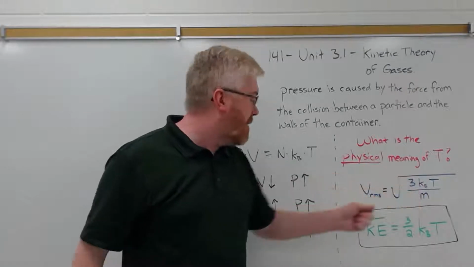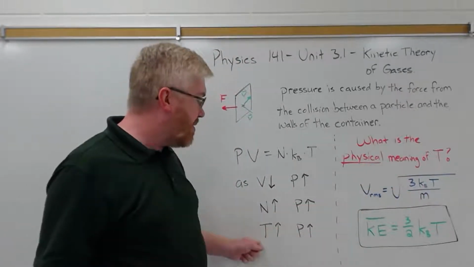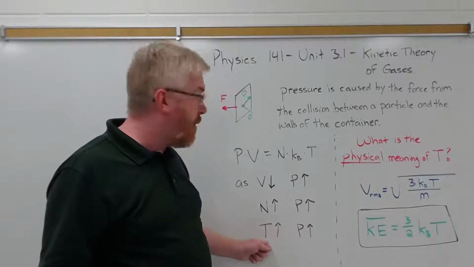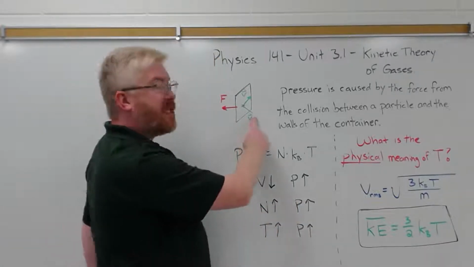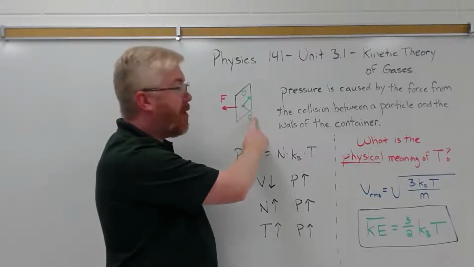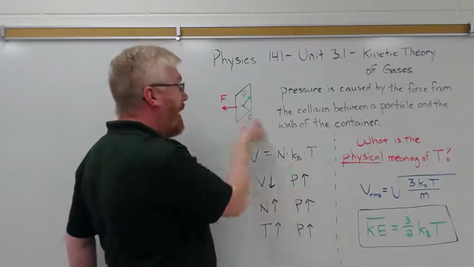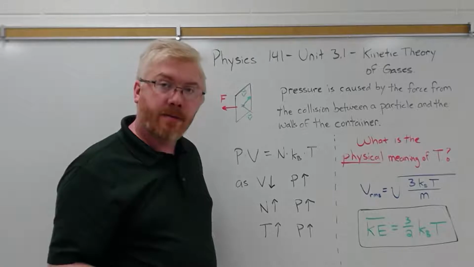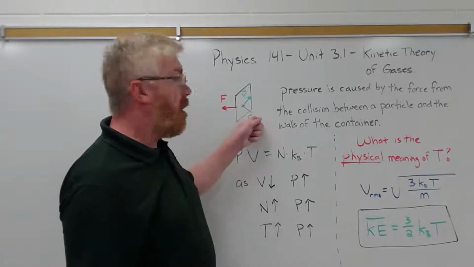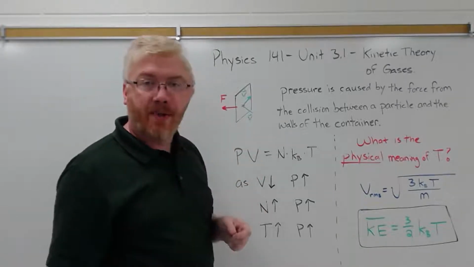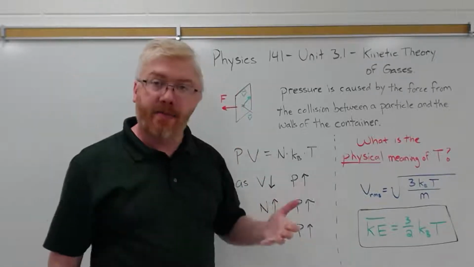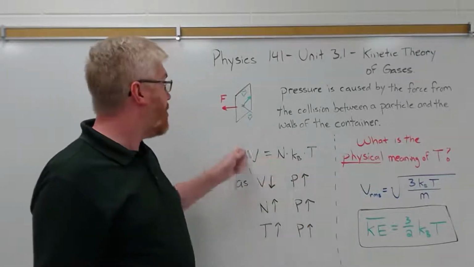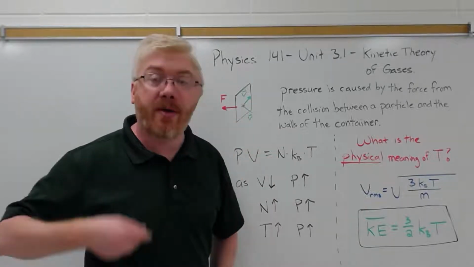So hopefully now you can see from a physical standpoint why when the temperature increases, the pressure increases. When the temperature increases, the speed of these little molecules increases. They hit harder, and since they hit harder, they give more force to the walls. As n increases, you just get more hits, right? As you increase n, the pressure goes up because you have more molecules hitting.